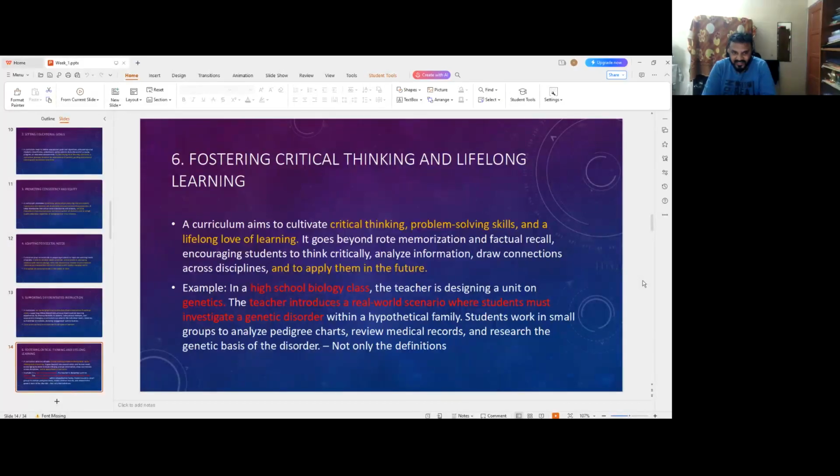For example, in a high school biology class, the teacher is designing a unit on genetics and introduces a real world scenario where the students must investigate a genetic disorder. So we are giving activities in a real setting so that you can feel it and find the solution for it. That's how the curriculum helps with critical thinking and lifelong learning.